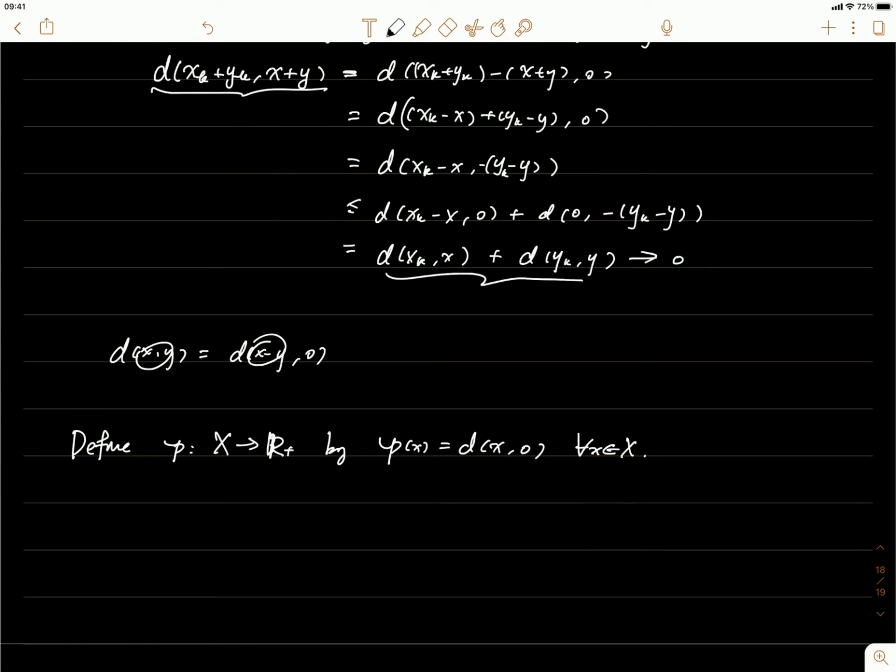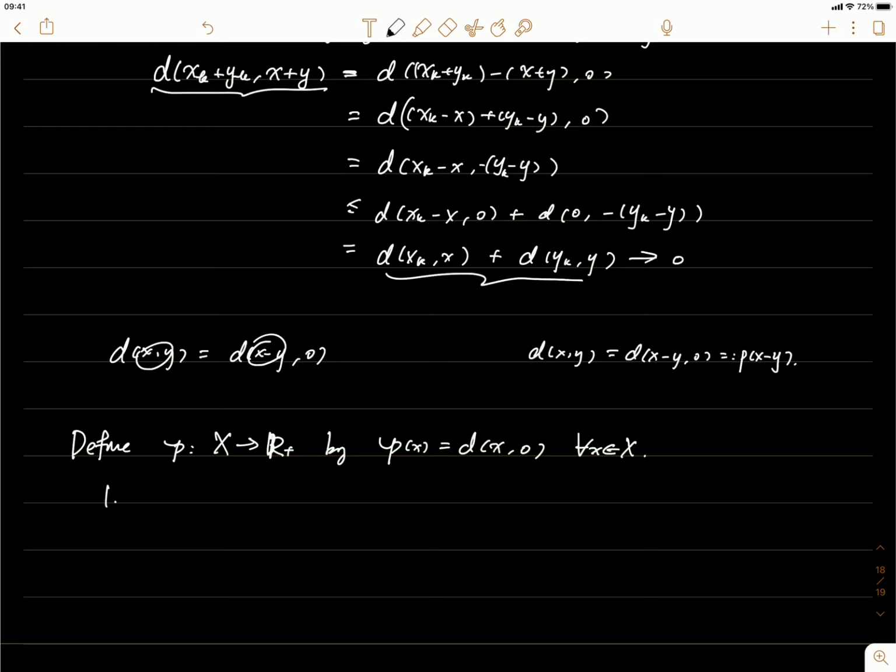Okay, so this p actually integrates all the information we have on the metric D, since for any x and y, I know that d of x, y is just d of x minus y, 0, and by definition that's just p of x minus y. So we can always measure the distance between any two vectors in the space X using p.